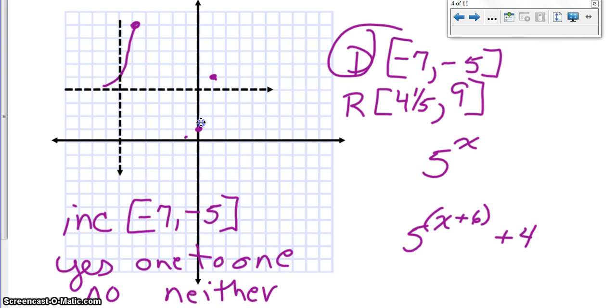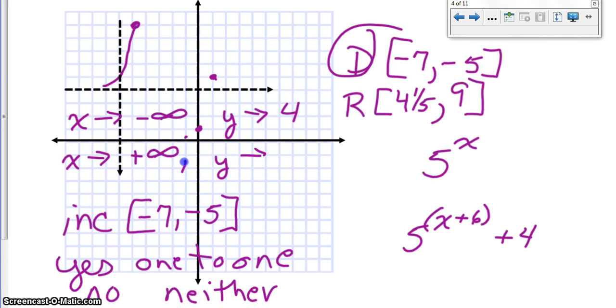Oh, well, let's see. As x approaches -infinity, y approaches, what's it approaching? That's right, 4. And as x approaches positive infinity, y also approaches positive infinity.